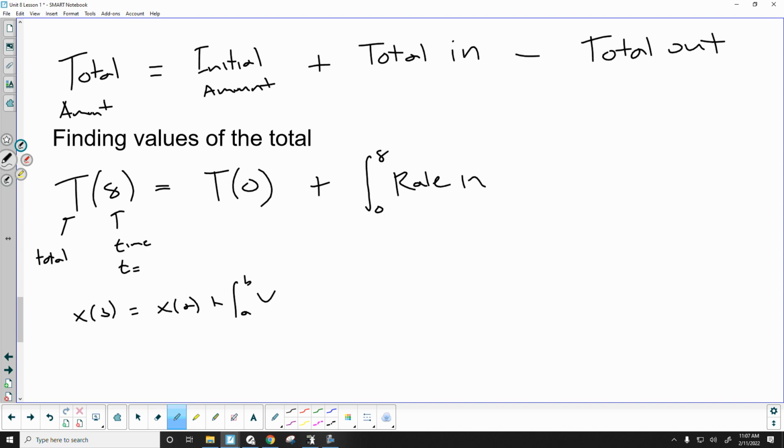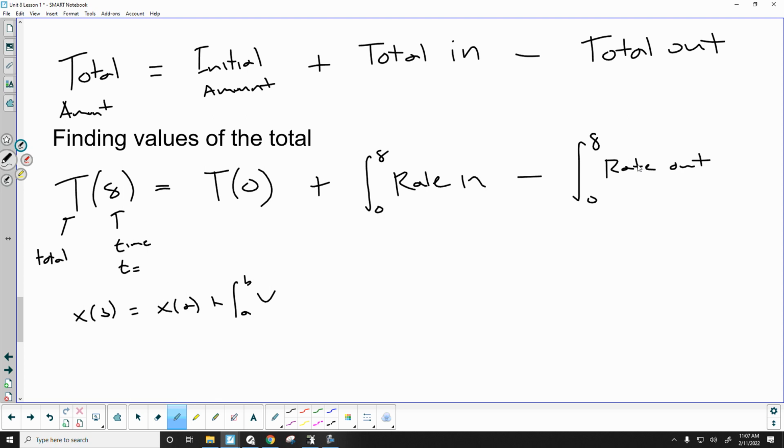Yes, but hold on, we're not done yet. We also have to subtract our total out. So that's new. The fact that I'm given two velocities, and since there's two velocities, I have two integrals at play. But that's the only thing that's new.